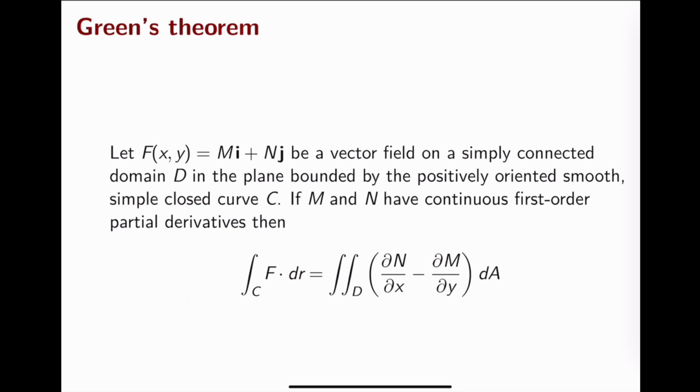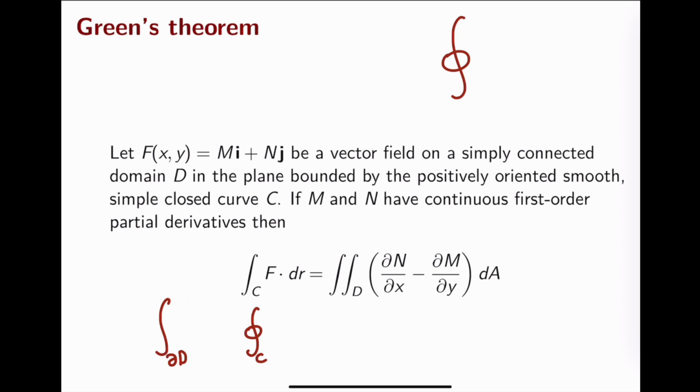Some alternative notations that you may see for this theorem. Since the curve is closed here, sometimes this is written this way, with a circle in the integral. This is a notation that is used a lot in physics. So this is an alternative notation for this integral. Another one is to put the integral, and instead of calling it C, since C is actually the boundary of this domain, you can put just this notation that means the boundary of D. So any of these two notations will be equivalent for the line integral here.